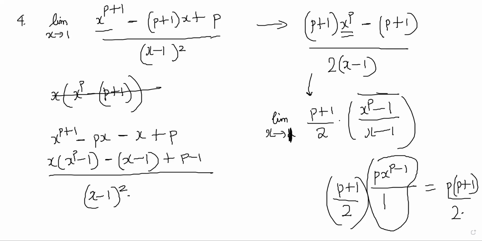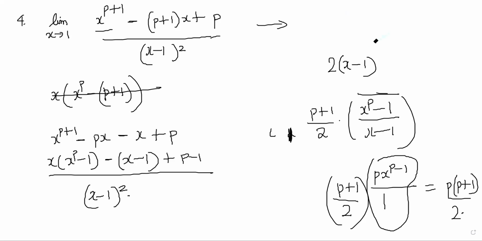Then you can divide numerator and denominator by... we should not have taken this common. One second, we should have taken x common from these two is correct, and then taken p common simply.